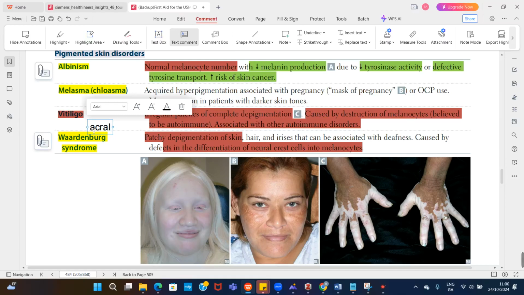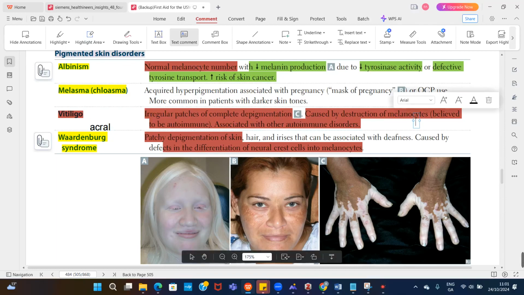So have it at the back of your mind that an individual can develop vitiligo on the extremities, the mucosal surfaces, and the face, right? And it is due to destruction of the melanocytes by the antibodies. It is autoimmune. And the patch that we are going to be seeing is going to be what?